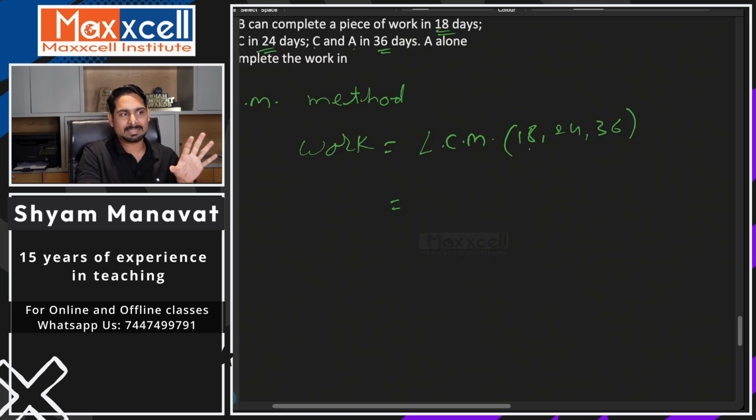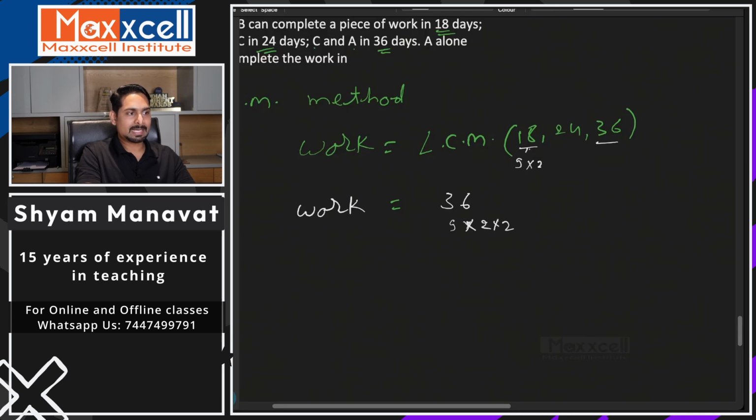These are easy numbers, 18, 24, 36. I take one of the greatest numbers amongst them, so let me take 36 first. Now, when I see the next number, 18, 9 twos are 18, and 9 fours are 36, and 4 is nothing but 2 into 2.